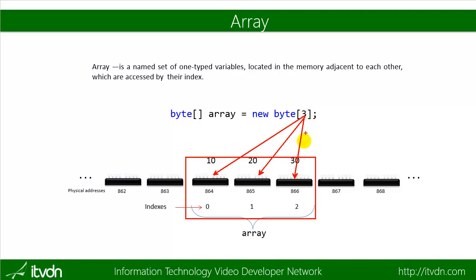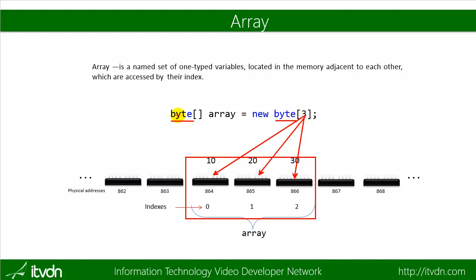So we have 3, 1, 2, 3. Now we have an array with 3 elements. And notice that we have byte here, and byte here. So this is the type of the array that we have, the type of elements, and also here the type. So you must specify the type that you want.